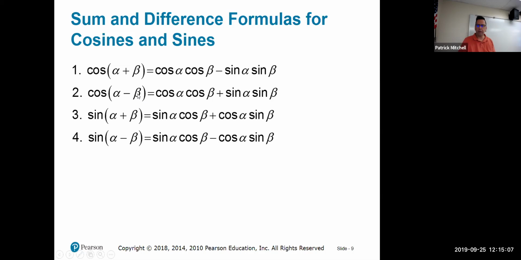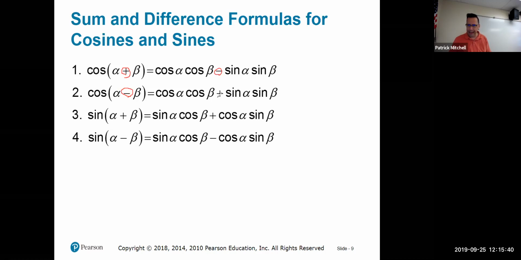In other words, just replace all the betas with negative beta, and then use the even and odd properties of cosine and sine. So this term stays exactly the same, and this term flips to the opposite. Notice with cosine, it goes cosine, cosine, sine, sine, but the sign in the middle is opposite of whatever's here.